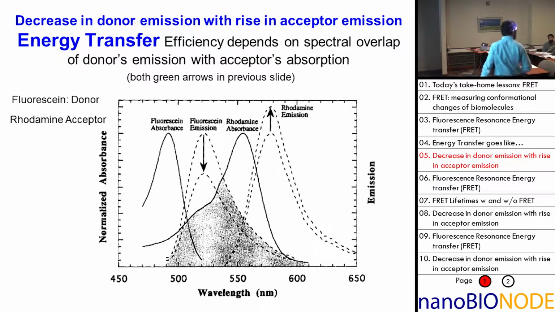E is a dimensionless ratio, 1 being 100% energy transfer, or 0. So if you come up with some equation, it better be unitless.